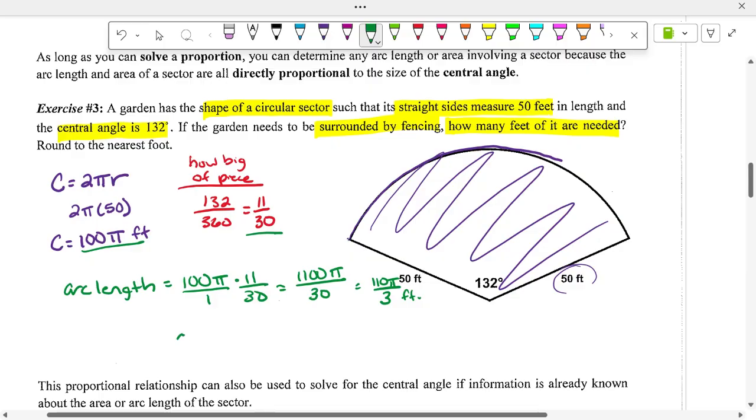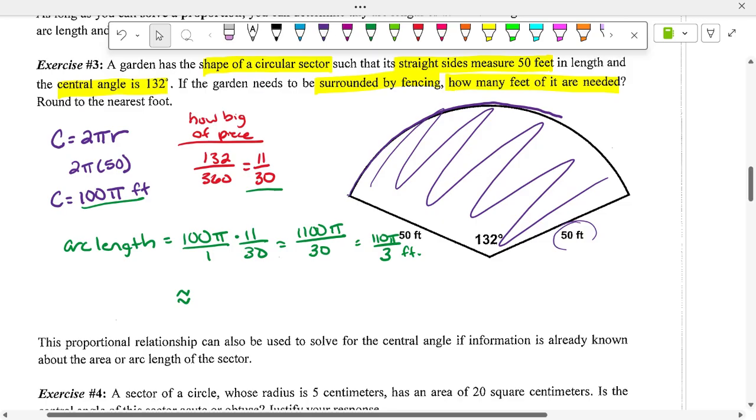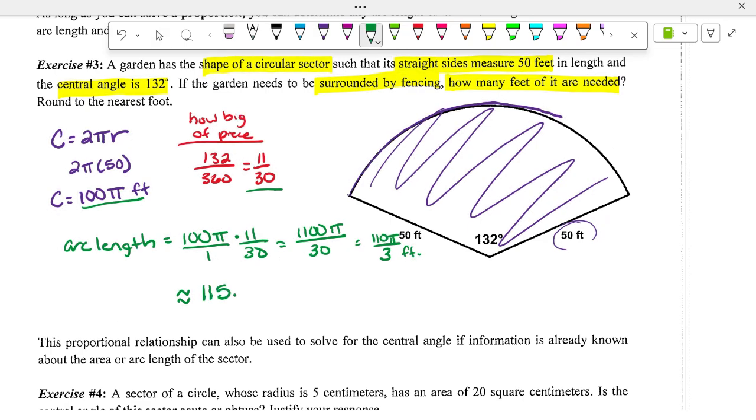So approximately, what is that? About 115.19 feet.